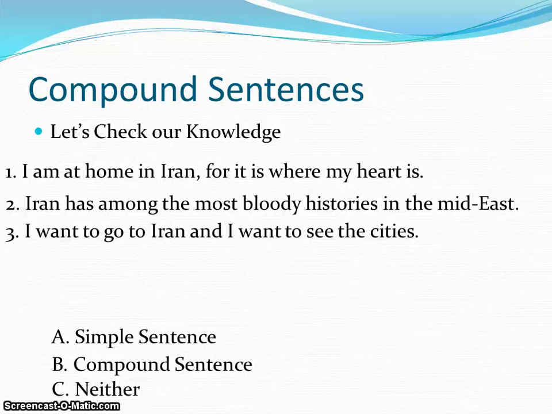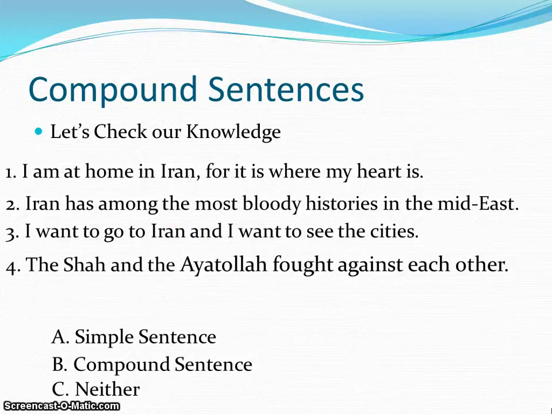Number 3, I want to go to Iran and I want to see the cities. This one's a little bit tricky. This one is technically neither, because it is missing a comma. If you said compound sentence, you were close, but there's no comma after Iran. Therefore, it's grammatically incorrect.